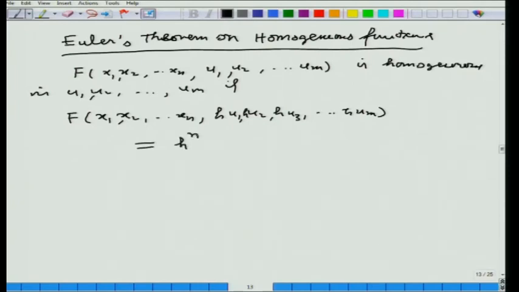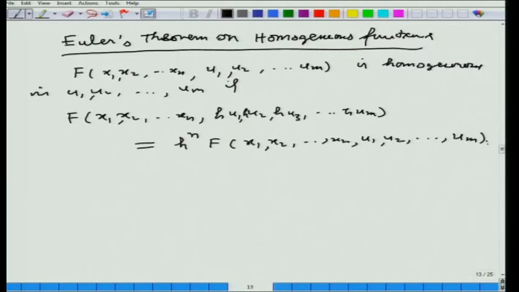This n is called the degree of homogeneity of the function f with respect to u1, u2, um.